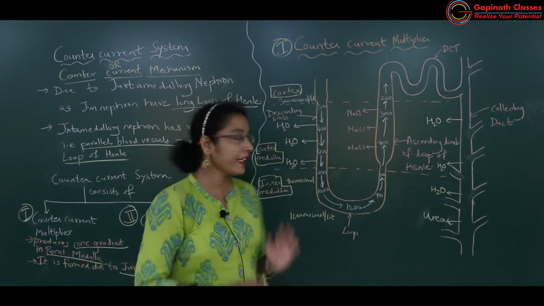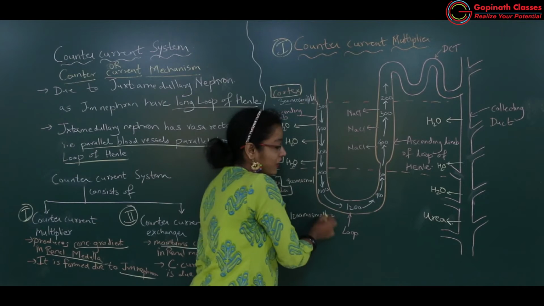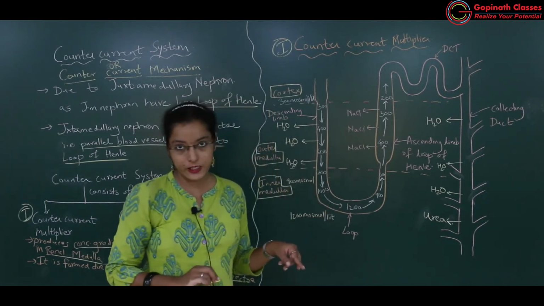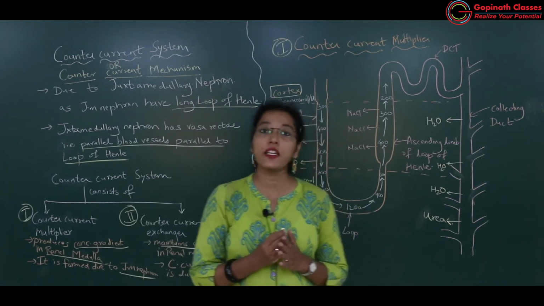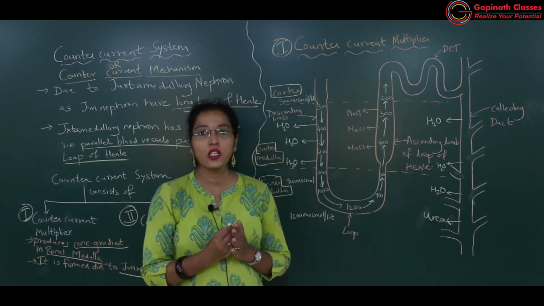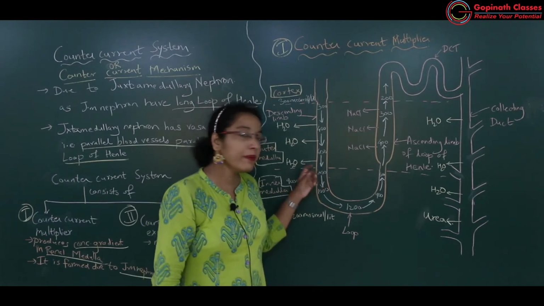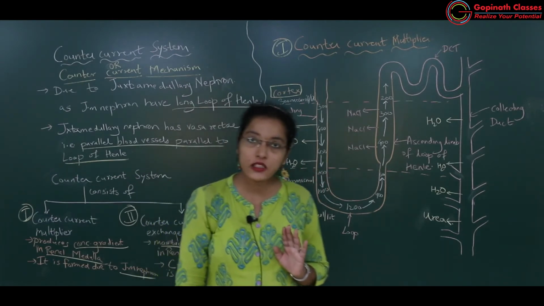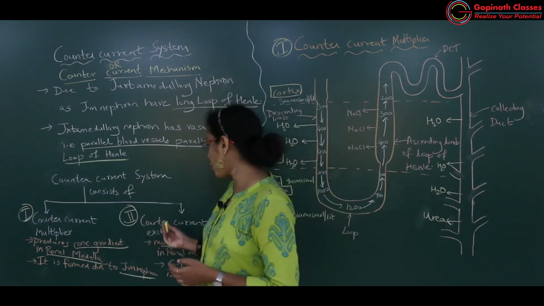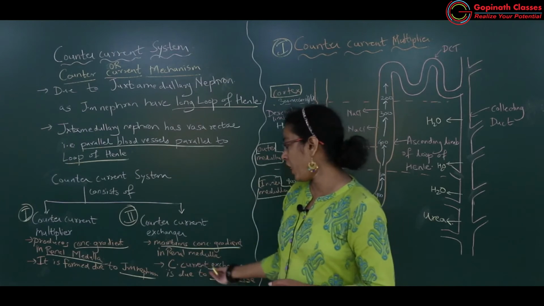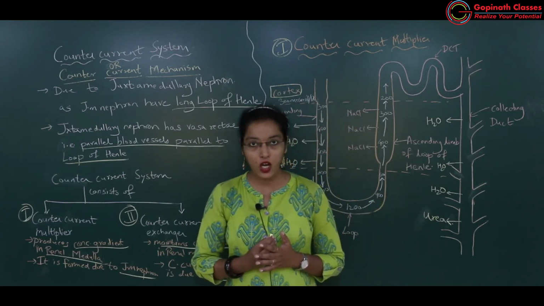So the vasa rectae runs parallel to the limbs of the loop of Henle. And because of this there is exchange of ions between the vasa rectae and the limbs of the loop of Henle, thus maintaining the concentration of salts in the medulla. So it maintains the concentration gradient in the medulla.